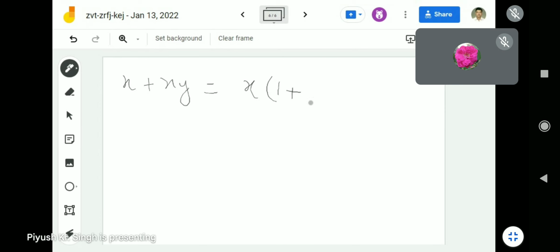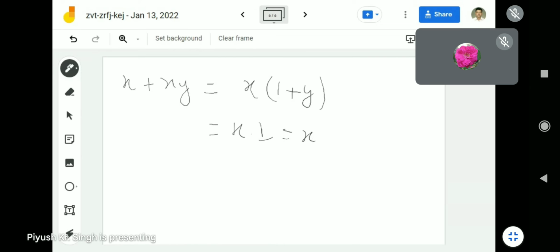Okay, x into 1 plus y, take x common here, so it is x into 1 plus y. Since 1 plus any Boolean variable is already shown to be equal to 1, it will be x dot 1, and it will be x. Okay, x plus xy will be equal to x.